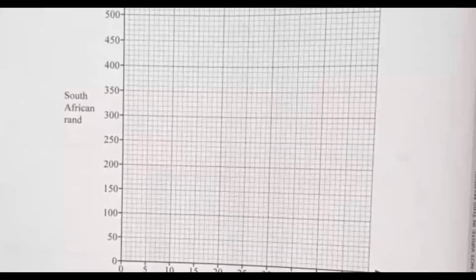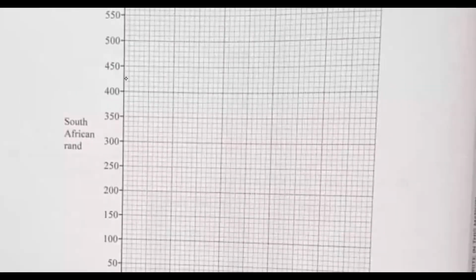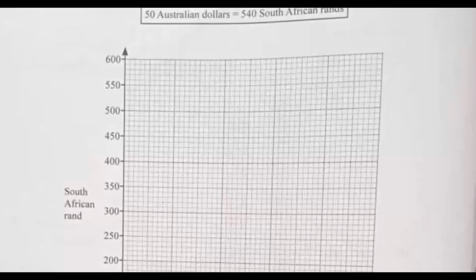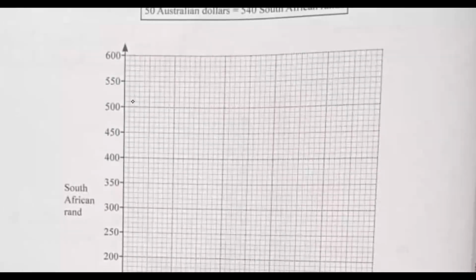So let's go to where we have 540 South African rands. 540. We need to scroll up a little bit. So 540 will be here. So this is 500. So 510, 520, 530, 540. So it will be here, against 50 Australian dollars.